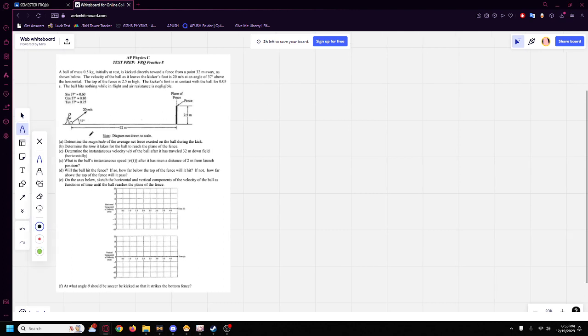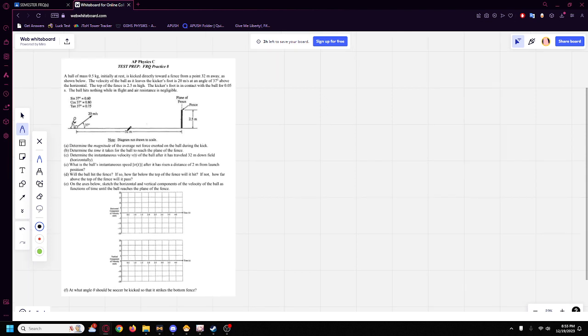So part A asks to find the average net force on the ball during the kick. So to find average net force, you set net force equal to m times acceleration, the average acceleration.